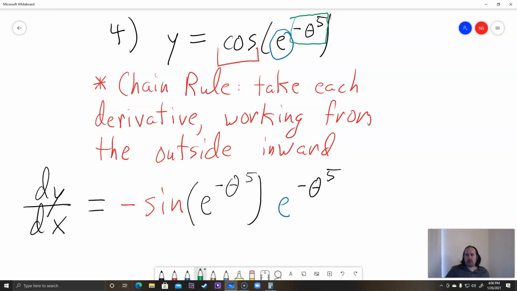In green there, what's the derivative of negative theta to the 5? Well, we're just going to use the power rule. The power rule says you bring the exponent out front and you decrease the exponent by 1. So this gives us negative 5 theta to the 4.